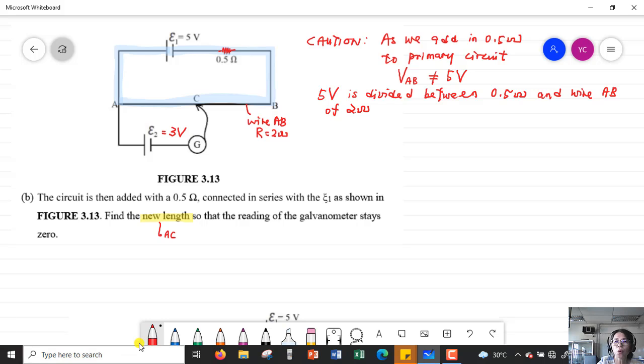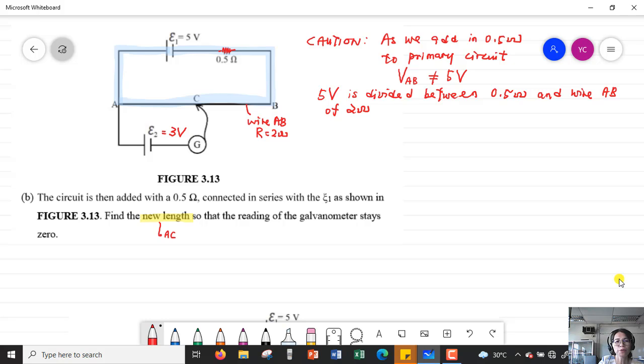That's why the voltage AB sekarang, voltage AB ni anda tak boleh assume dia sebagai 5 volt lah seperti soalan 15A lah. So that's why we need to find a new length lah in order for the G to stay 0, to reach 0.